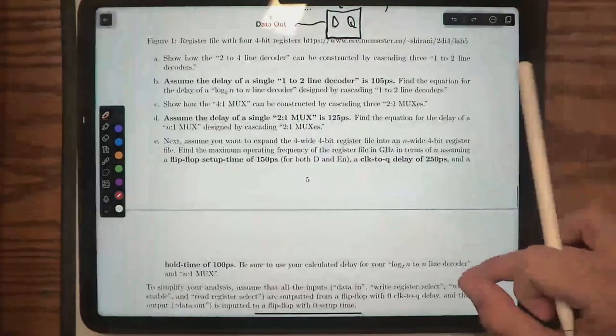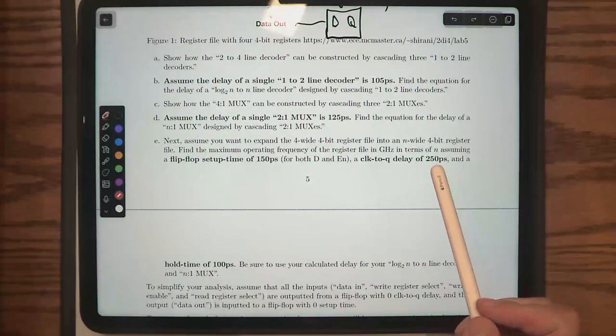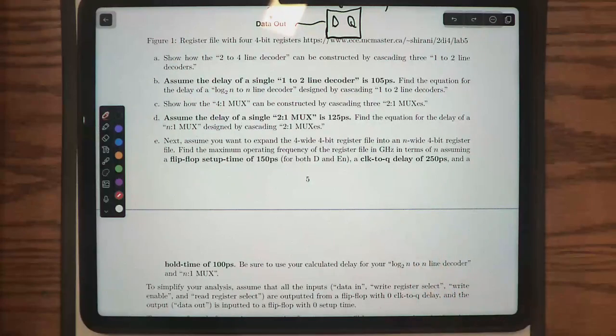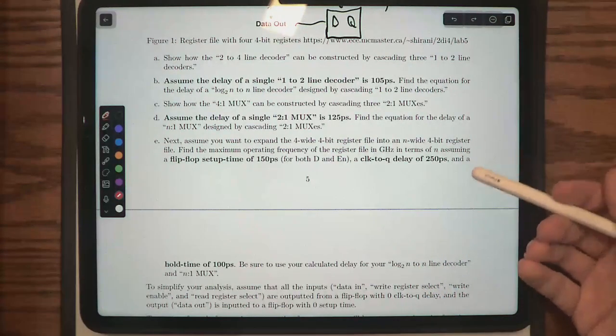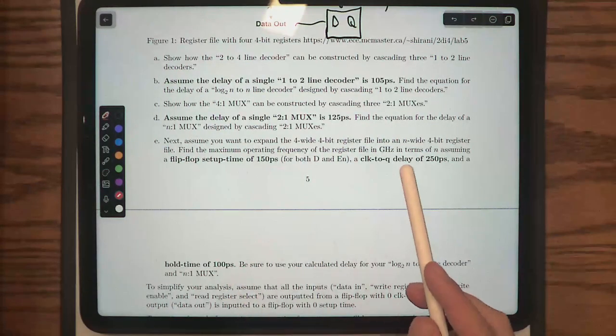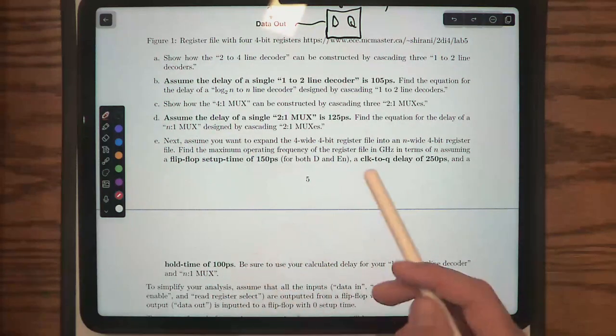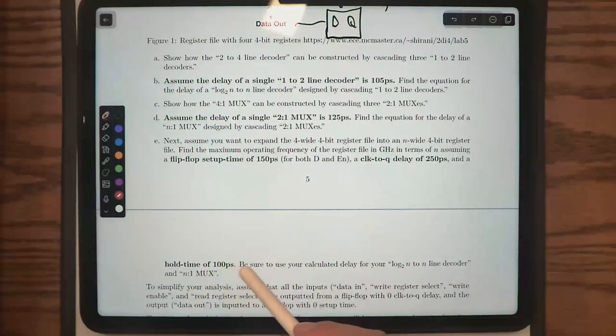Another way that you can tell that you will not have a hold time violation is anytime that your hold time is less than your clock to Q. In this case, your clock to Q is so slow that by the time it finally produces a result, we already held our flip-flop valid for that amount of time. So anytime we have a hold time that is less than clock to Q, we're good, and we don't need to worry about hold time. So in this case, we don't have a hold time violation.